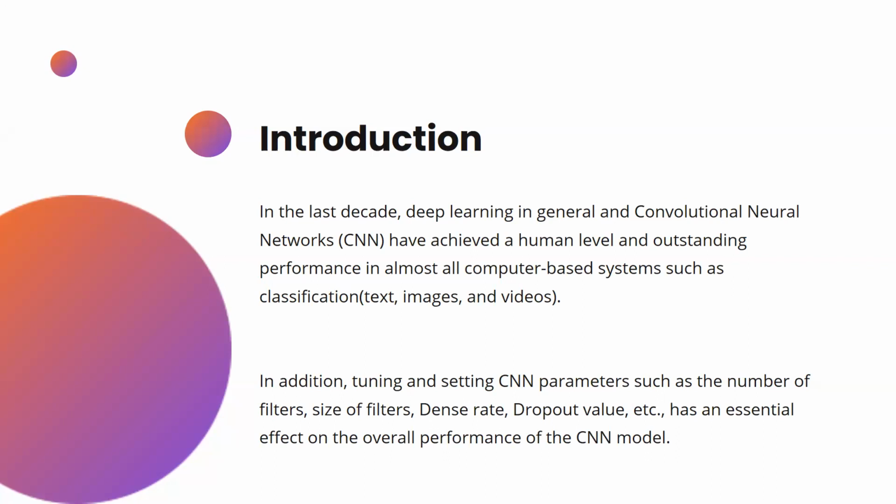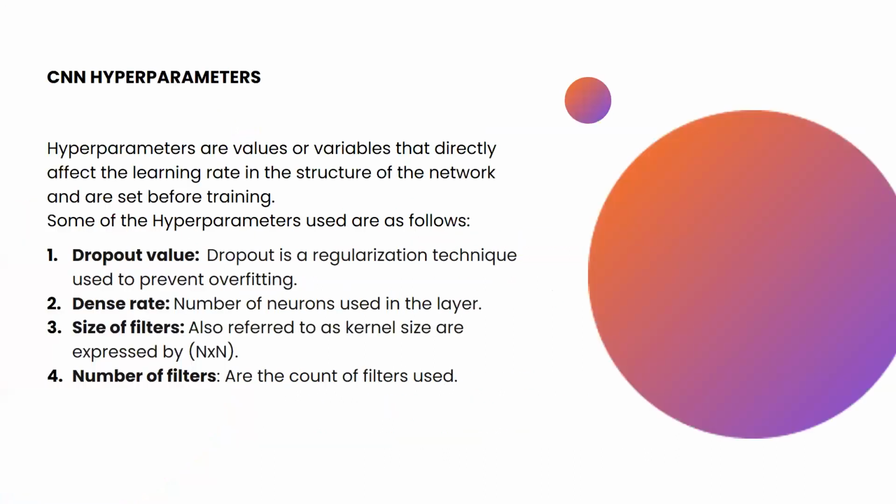Some of these parameters are the size of filters, the number of filters, the dense rate, and the dropout value. These all have an essential effect on the overall performance of the CNN model. CNN hyperparameters, as we discussed, are a big part of our system, and we investigated the differences they instigate.